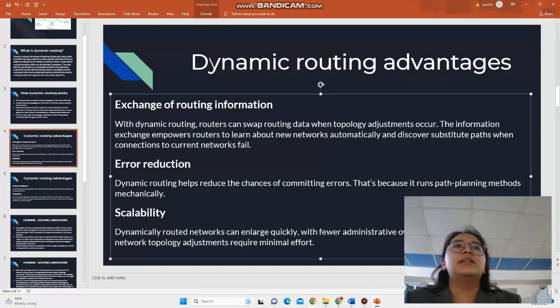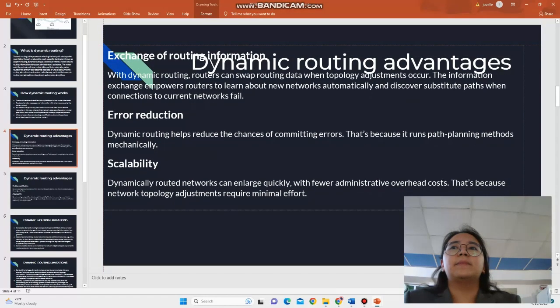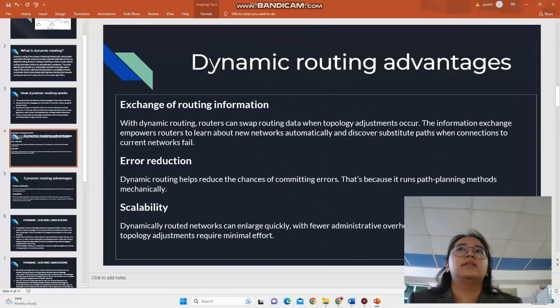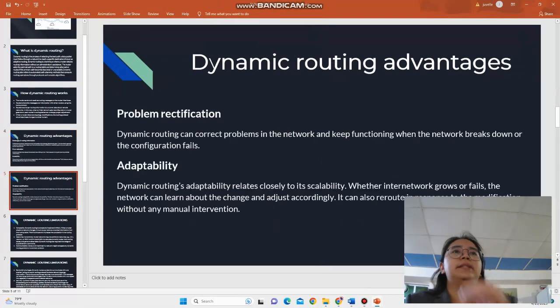Then scalability. Dynamically routed networks can enlarge quickly with fewer administrative overhead costs, because network topology adjustment requires minimal effort. This one is still an advantage: problem rectification.